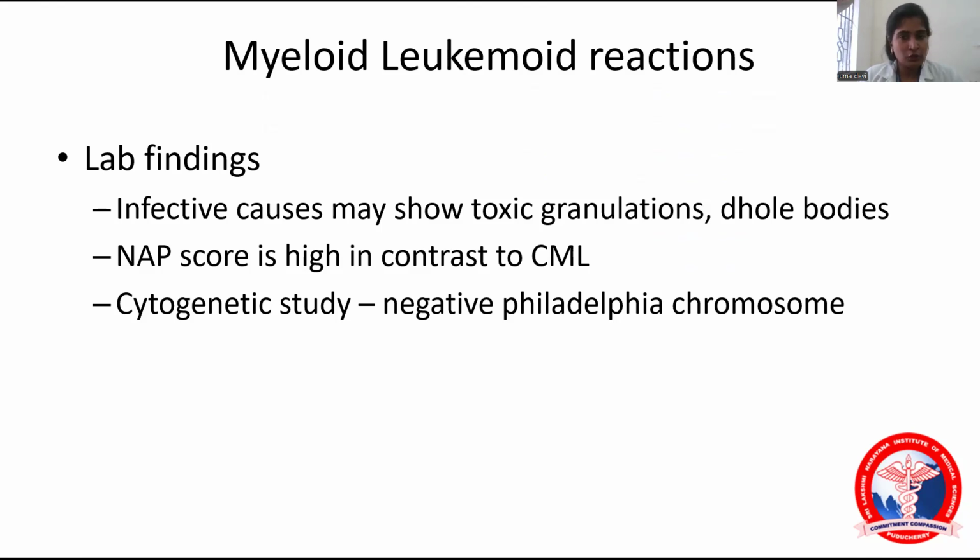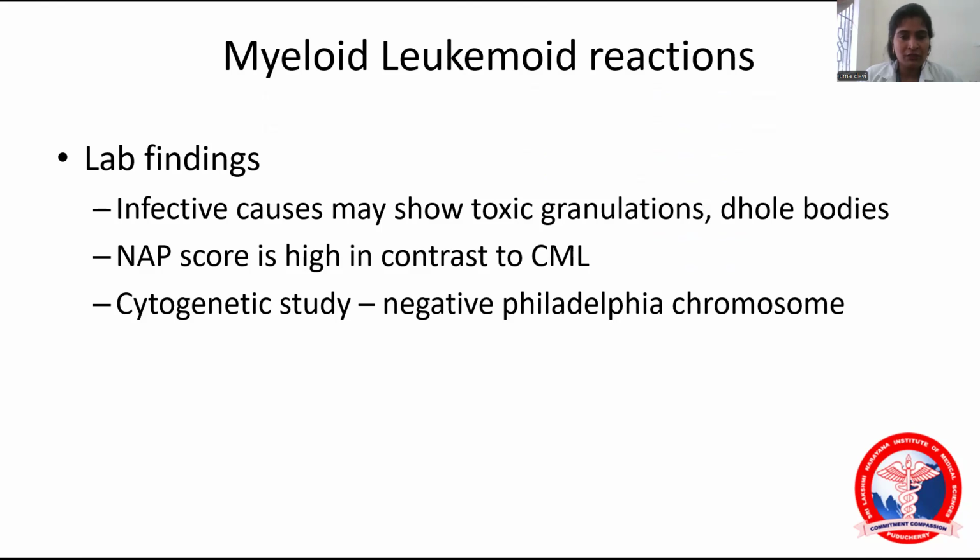They are filled with toxic granulations. Of course, I told you in the beginning, infections lead to toxic granulations, and these granules are more in leukemoid reactions. And they're mature. So when you do the staining with leukocyte alkaline phosphatase, these enzymes are taken up more with the toxic granulation, and they score the granules based upon how much they count.